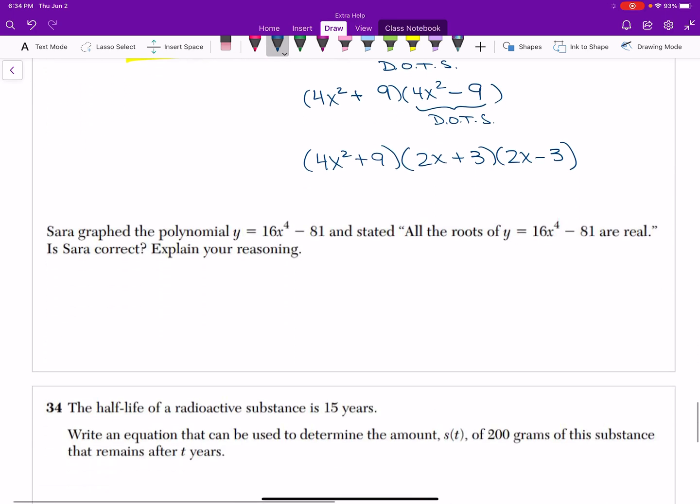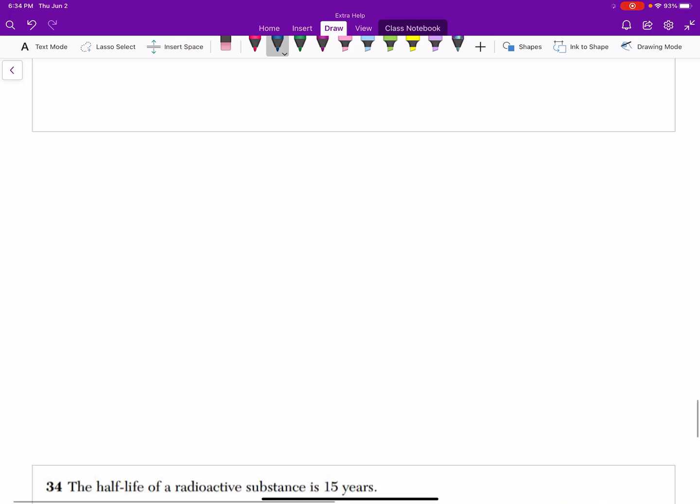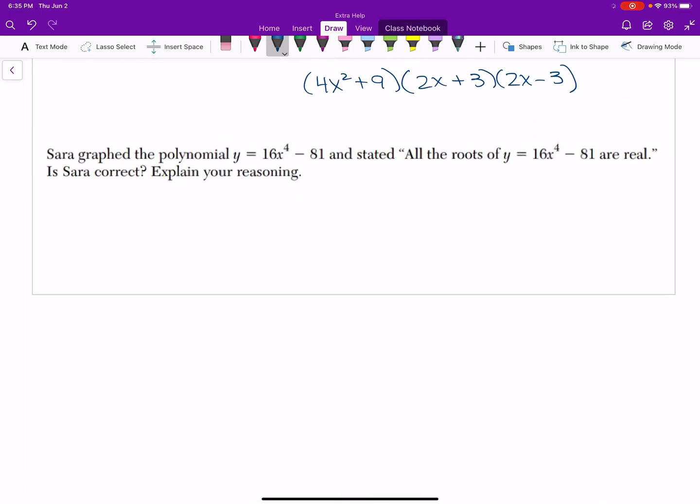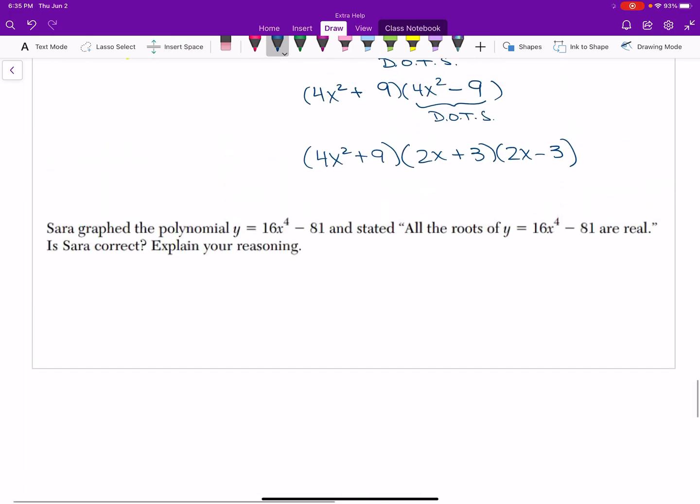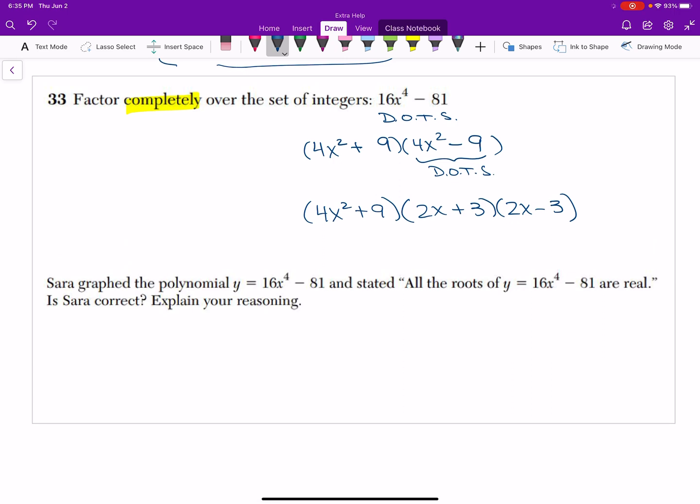Second part says Sarah graphed the polynomial y equals 16x to the 4th minus 81, so the one we just factored, and stated all of the roots are real. Is Sarah correct? Explain your reasoning. So different ways to go about doing this.